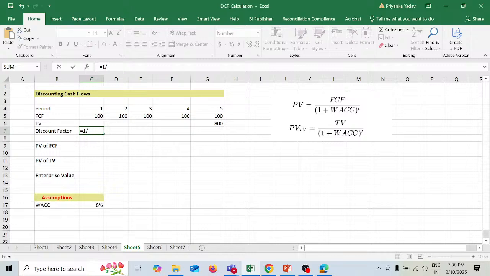So 1 divided by 1 plus your WACC. Over here you can see 1 plus WACC raised to the power T. Close the bracket. Raised to the power, the time period over here is 1 year.